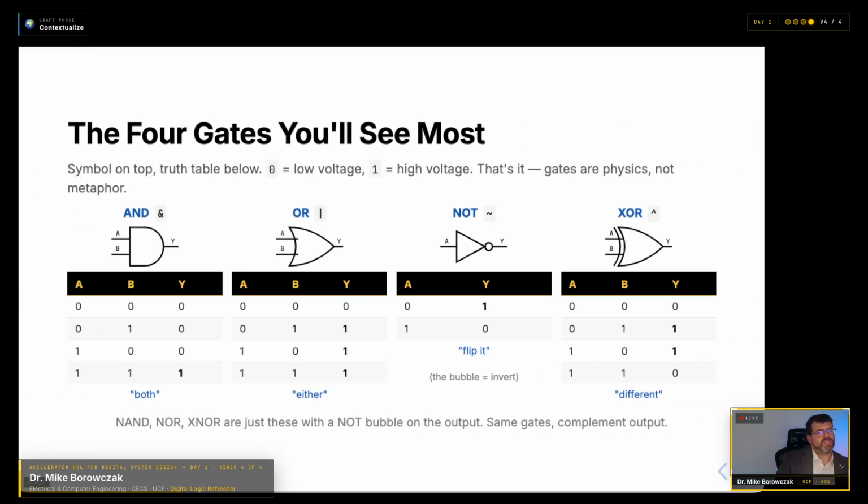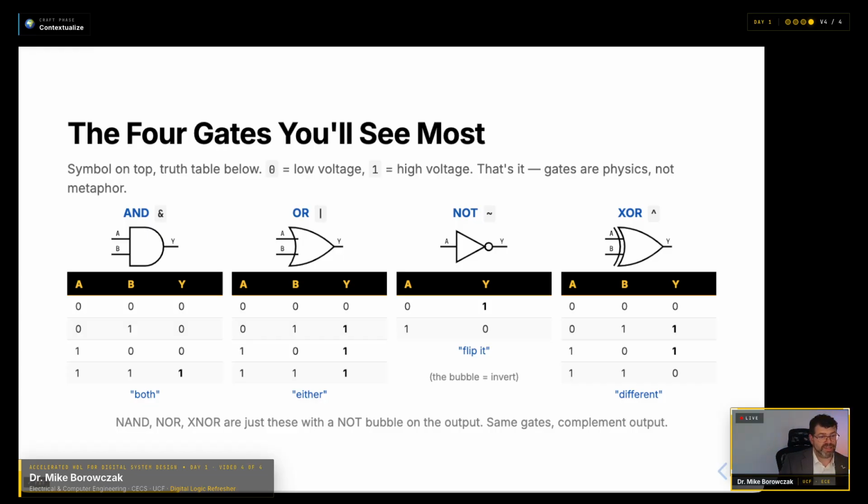So what gates are you going to see the most? These four. What we'll see is the symbol, the word on top as well. You'll see what happens for low voltage 0 and high voltage 1. And then remember that these gates are just physics-based devices, right?